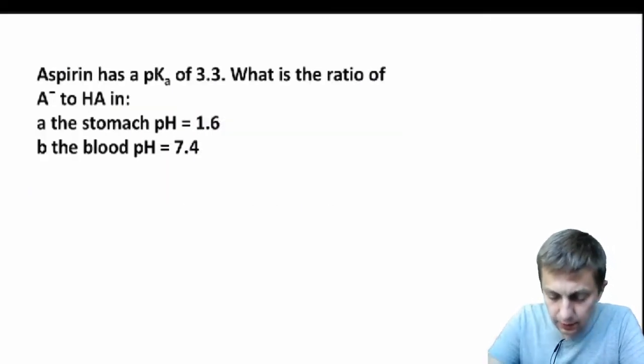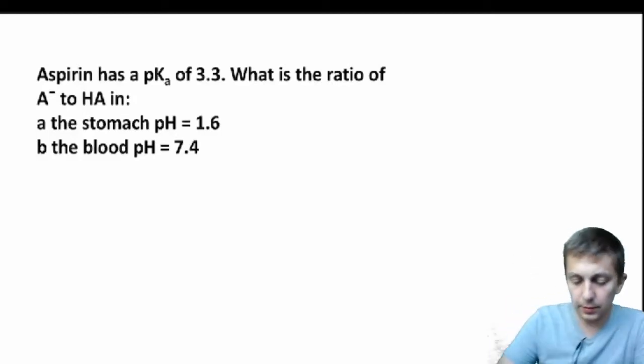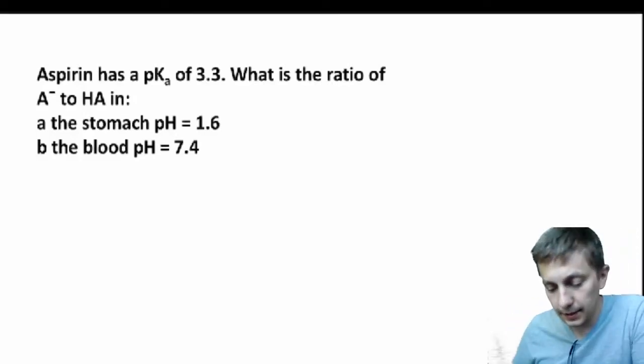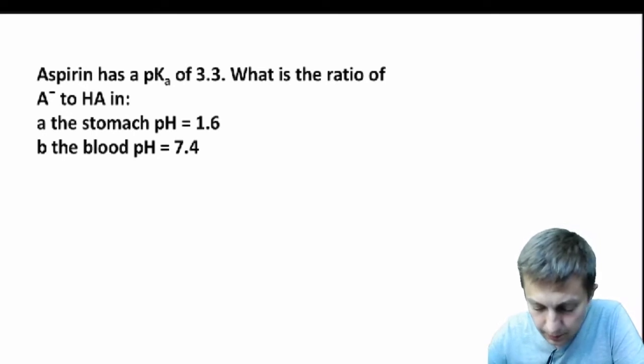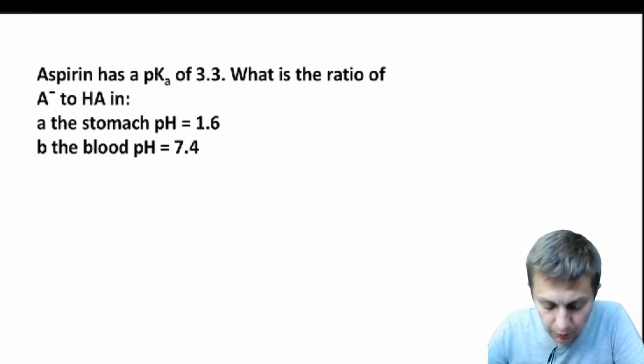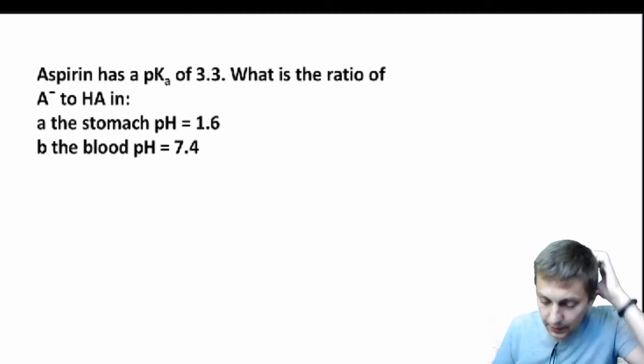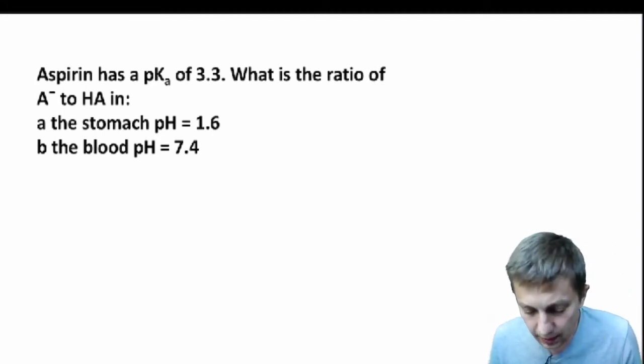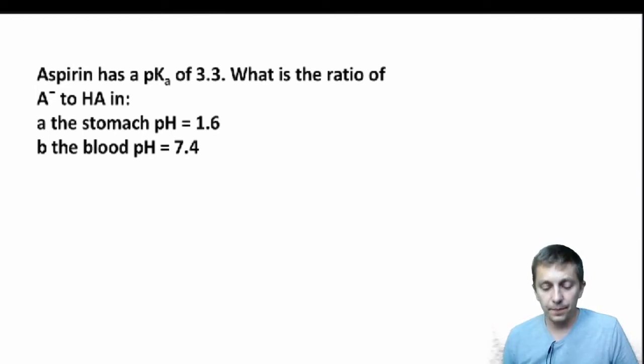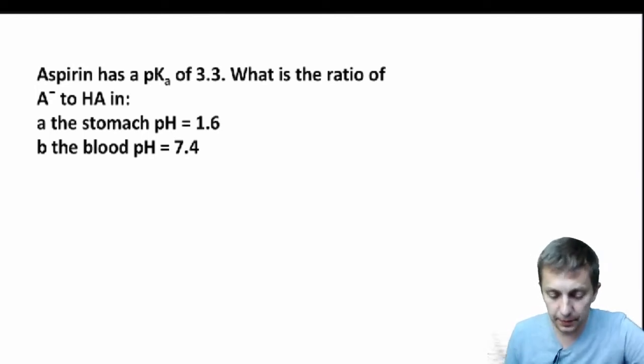So let's solve a more complicated pKa problem. It's more complicated because we need to use the Henderson-Hasselbalch equation, and here there is no ready answer, but the principle is the same. At 3.3 there will be equilibrium, but we don't have that.